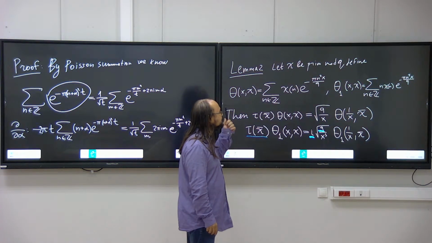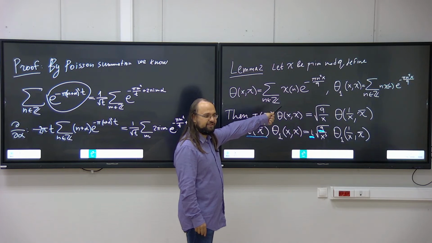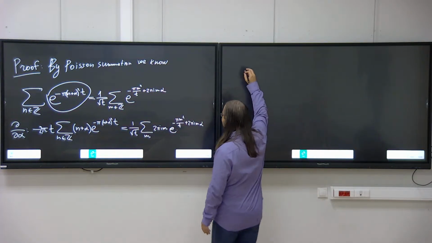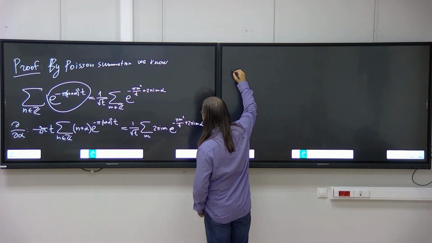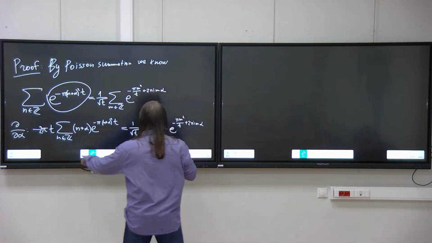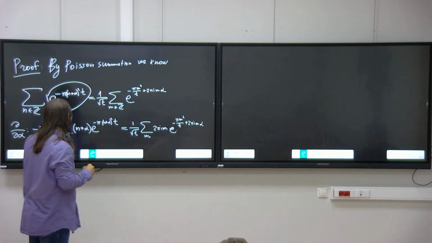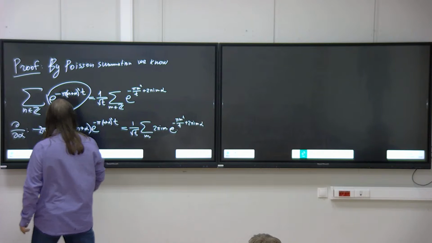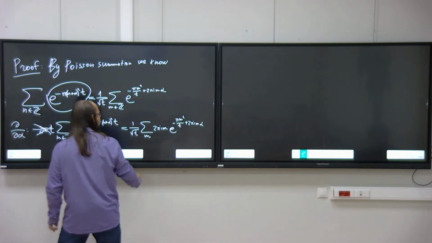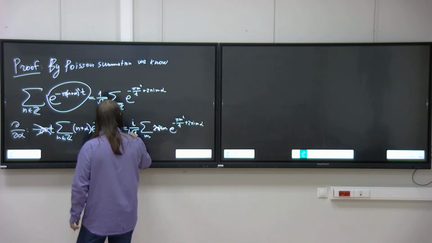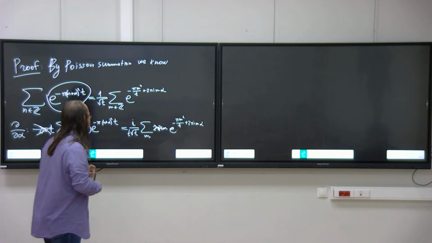So let us start with the definition of theta 1. Once again, here you can of course cancel out 2 pi and minus, so that you get no 2 pi here, you get i, and you also get an additional t in the denominator, right?